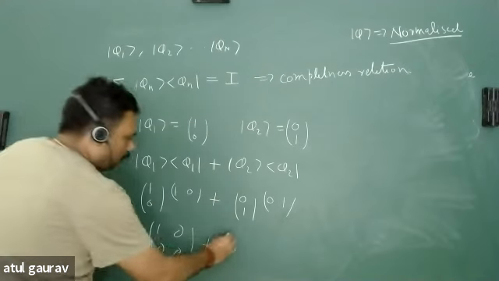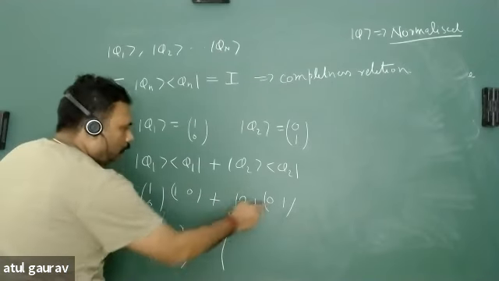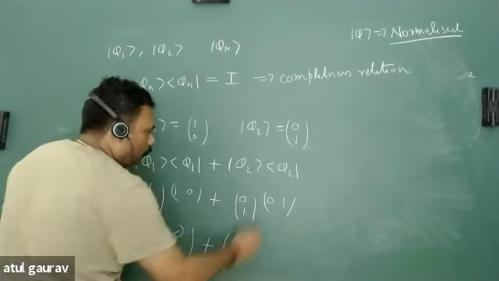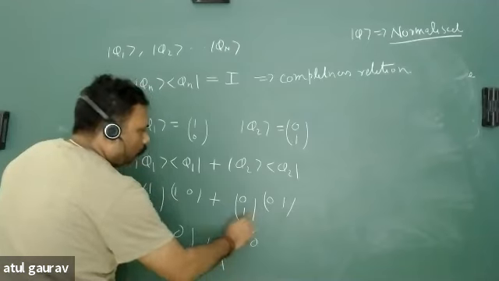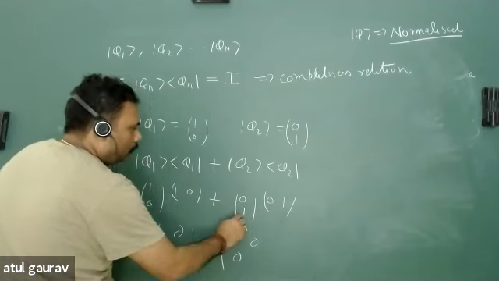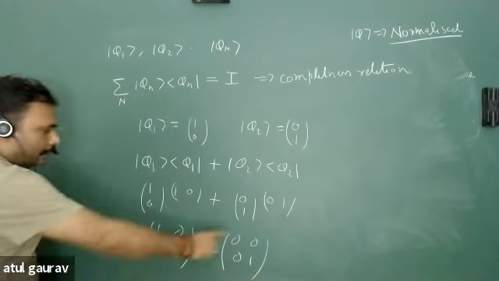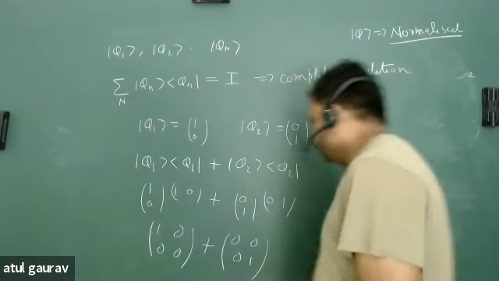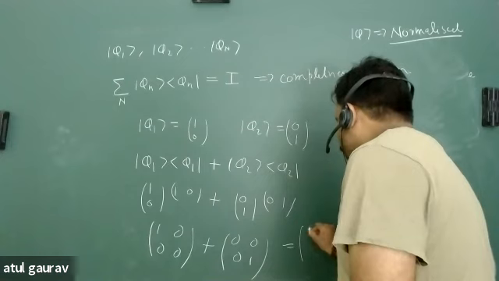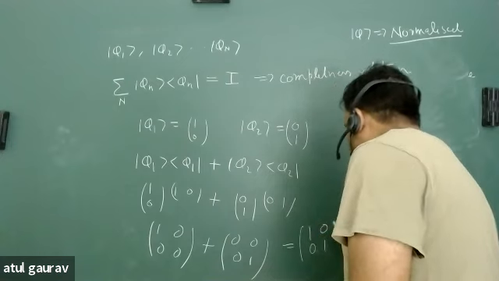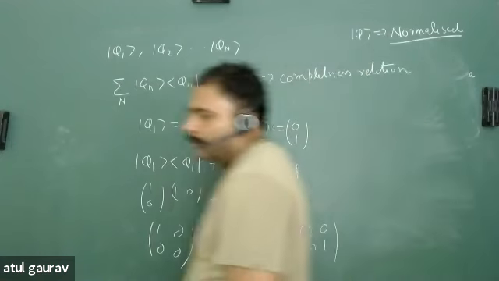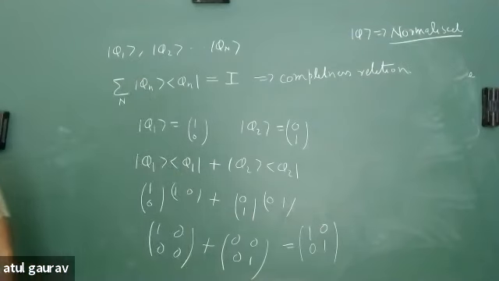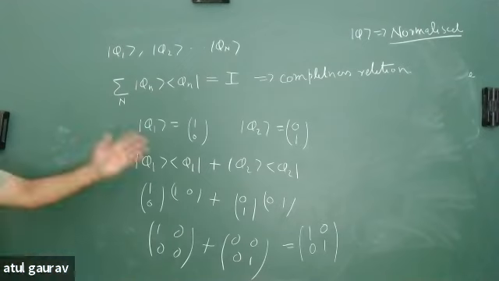Plus, you can write the other as 0 into 0 is 0, 0 into 1 is 0, 1 into 0 is 0, 1 into 1 is 1. If you add it, you will find 1, 0, 0, 1. So yes, this will fulfill the completeness relation.